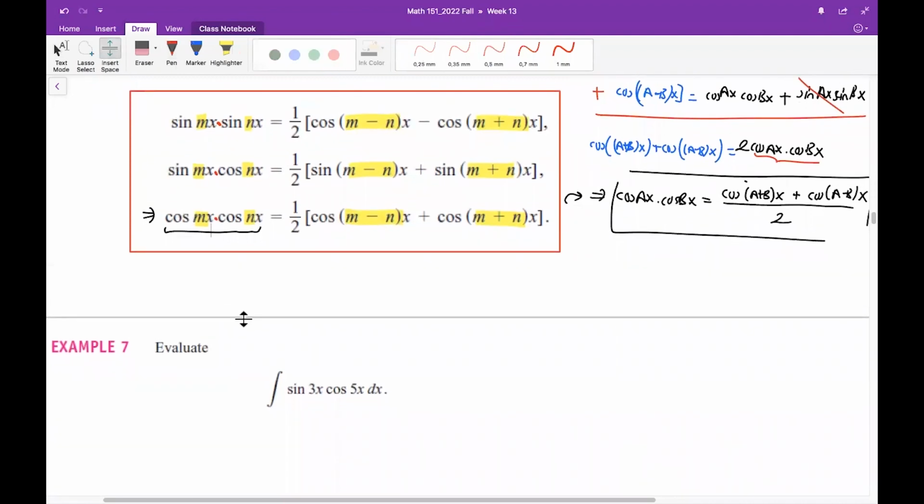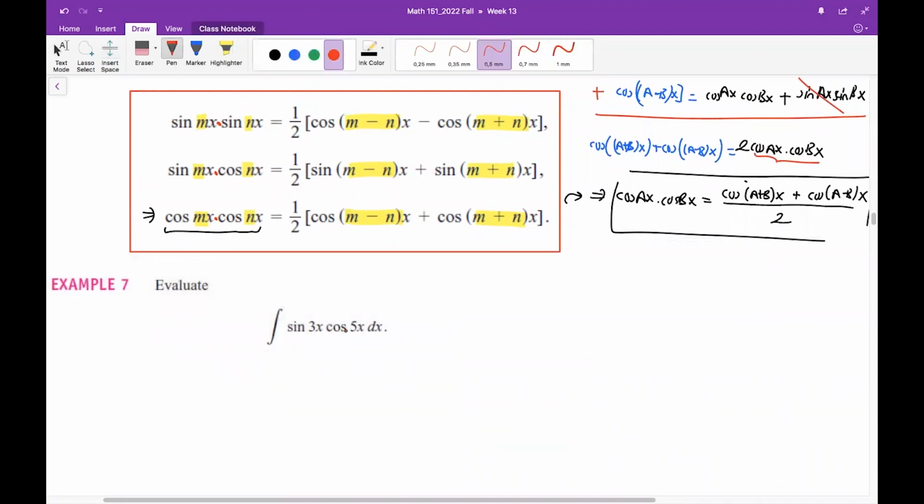Okay, let's look at the first example: sine 3x cosine 5x. What should we do? We will be using this formula where m is 3 and n is 5.